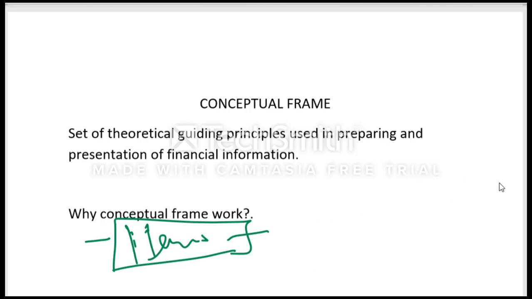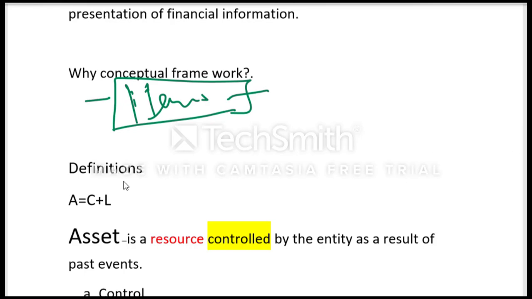It will help us to review and make new accounting standards, as we shall be looking more in future about accounting standards. Accounting standards are derived from the conceptual framework. So with the existence of the conceptual framework, it will be very easy to come up with different standards, and also see how different items and events are being reported in financial statements.